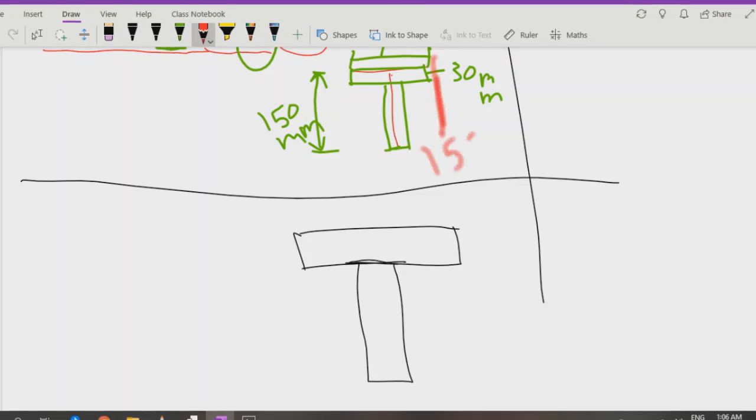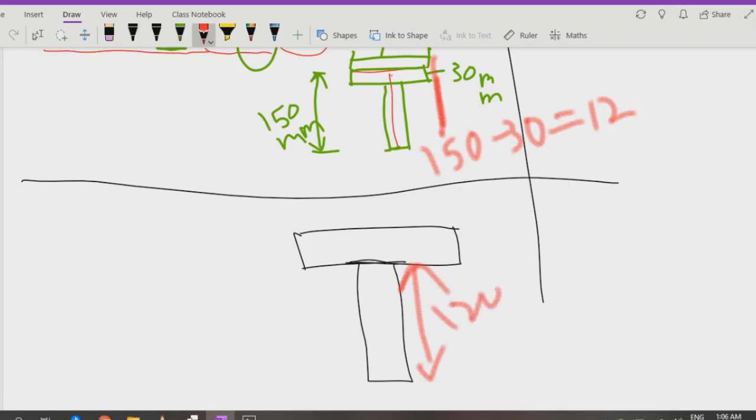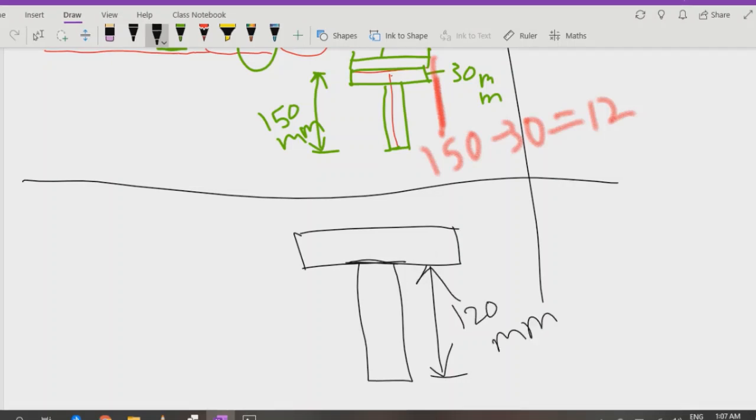If I subtract 30 from 150, I get 120. So this height will be 120 mm. And this thickness is given as 30 mm.